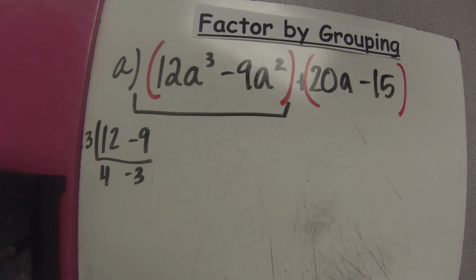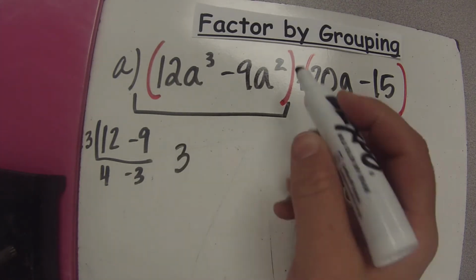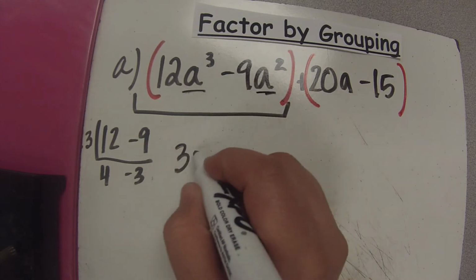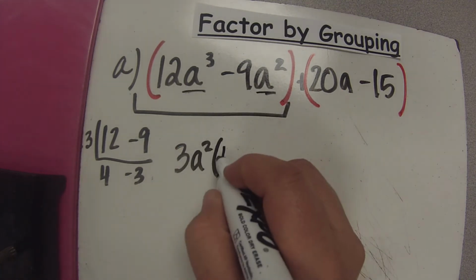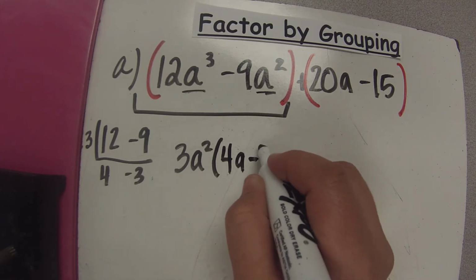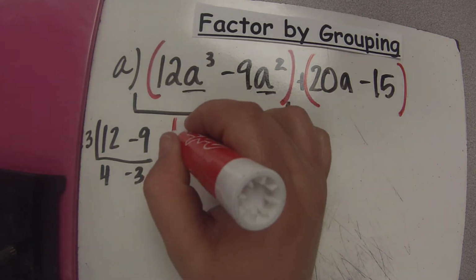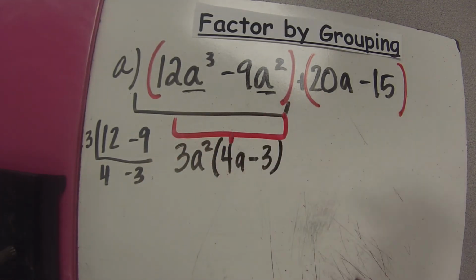And since I can't simplify that anymore, I'm going to pull out 3 and an a squared from both of those. What I have left over is 4a minus 3. Now, this is what this first part factored out to: 3a squared and then 4a minus 3.